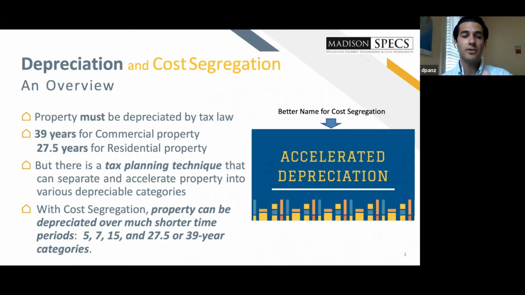There are several different types of assets on a property: 5, 7, and 15 year, as well as the standard 27.5. If you don't accelerate the depreciation, you're taking an asset that would depreciate over 5 years and depreciating it over 27.5 years, so you're not getting the full benefit of depreciation.